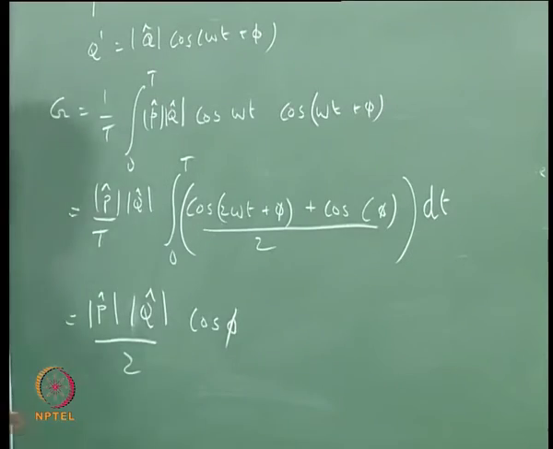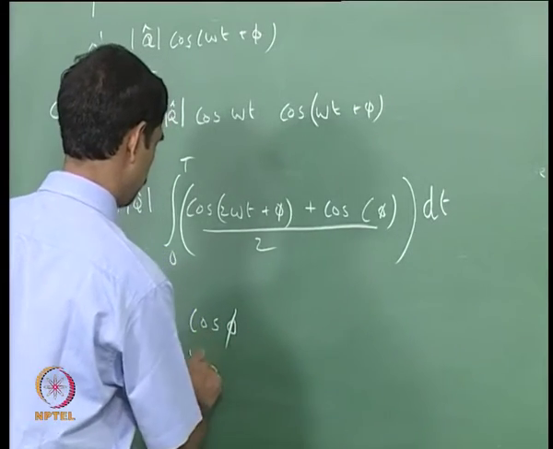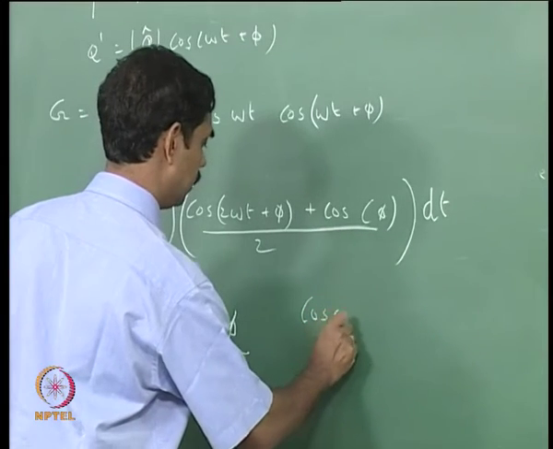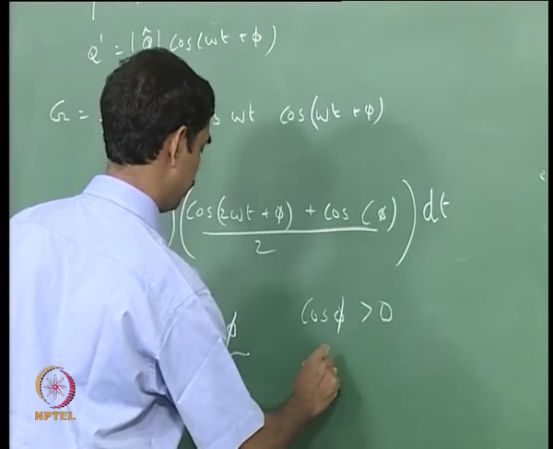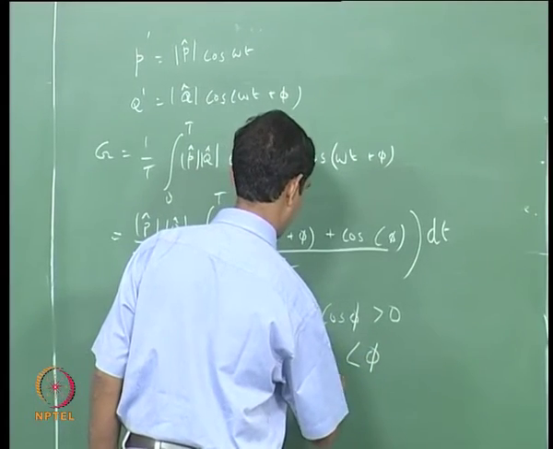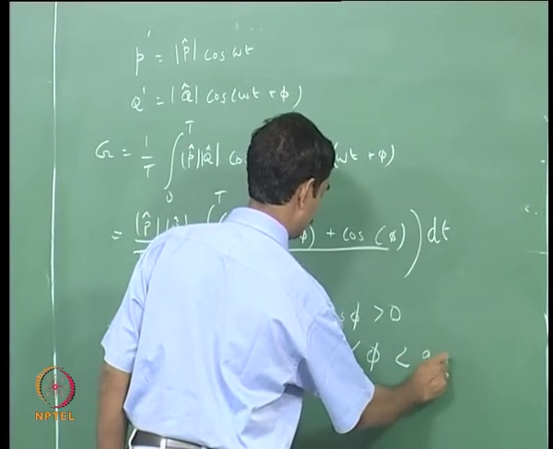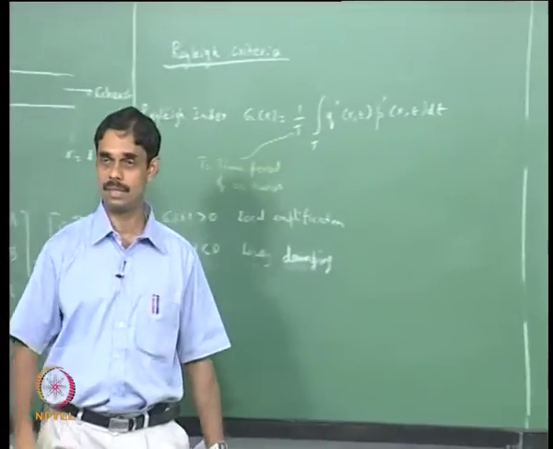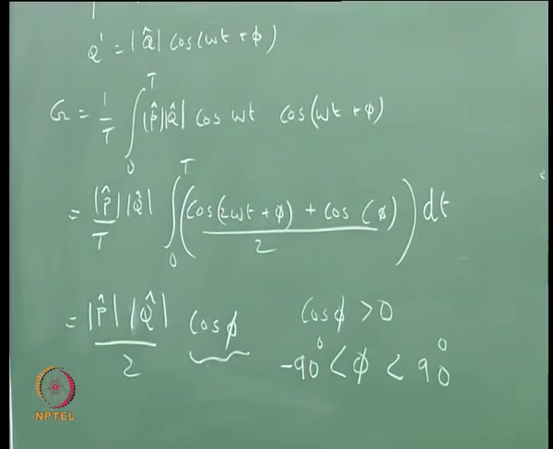So it depends on the sign of this. So cos phi greater than 0 implies phi is between minus pi by 2 and pi by 2, plus or minus an uncertainty of n times 2 pi, or j times 2 pi, or j times 360 degrees.